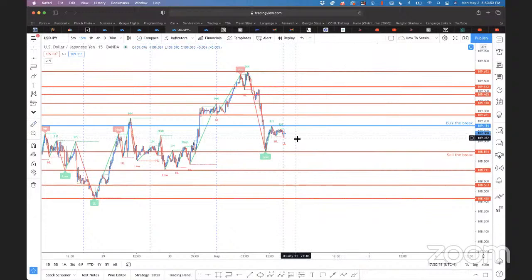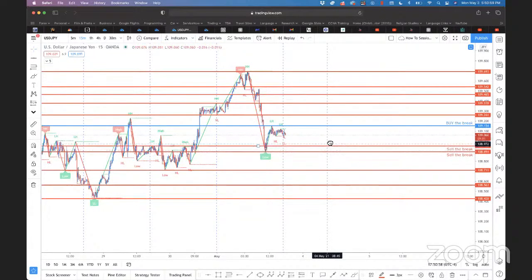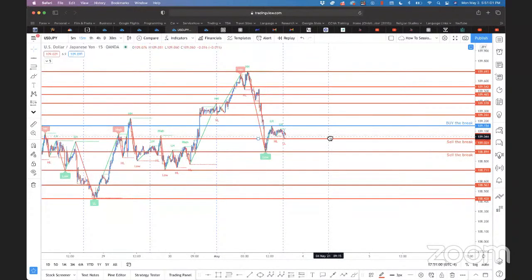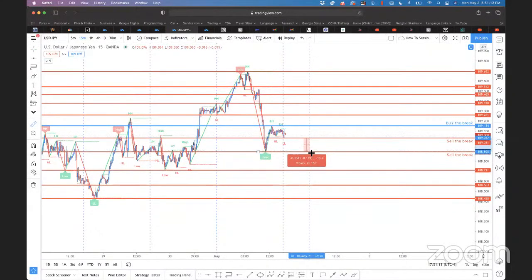If you wanted to, you maybe could take an early sell from here. That's a low right here, right? You could also do that, but look at what you're only trying to make though. From there, you're only making 13 pips, right?